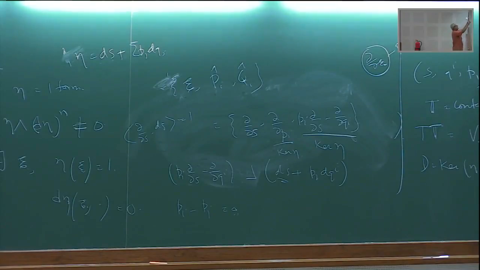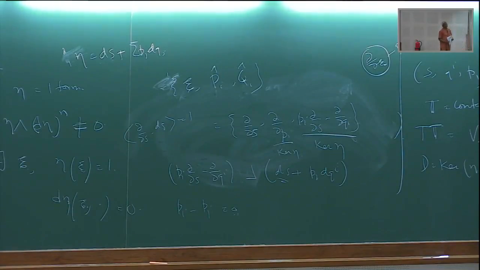So XH is equal to (H minus Pi del H del Pi) del del S plus (minus Pi del H del S minus del H del Qi) del del Pi, plus del H del Pi del del Qi. Now, these are the equations of motion.